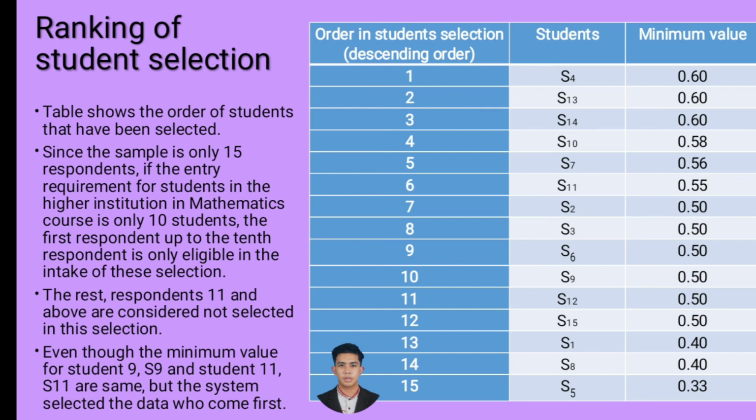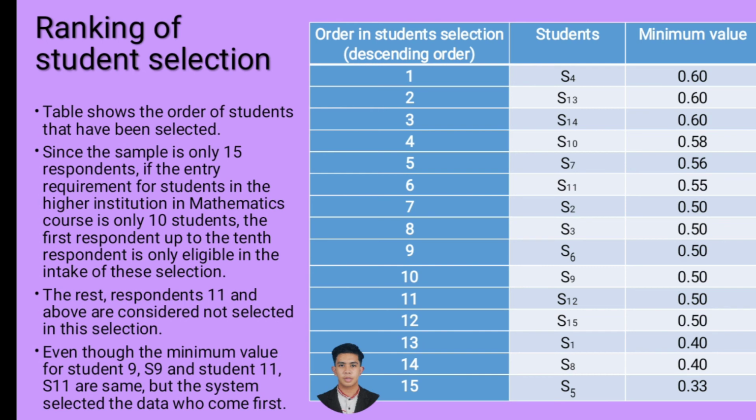Since the sample is only 15 respondents, if the entry requirement for students in higher institutions for the mathematics course is only 10 students, the first respondent up to the 10th respondent are eligible in the intake of this selection. That means student number 4, student number 13, 14, 10 until student number 9 in the table will be selected.